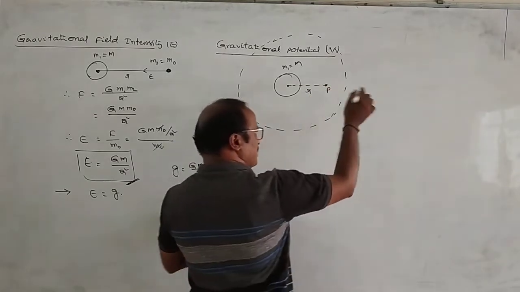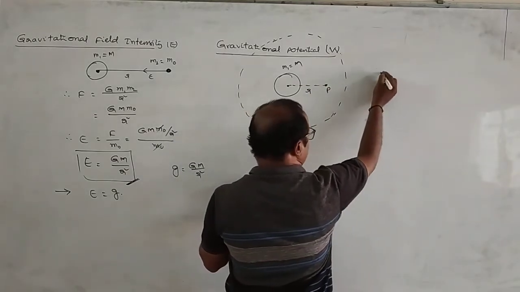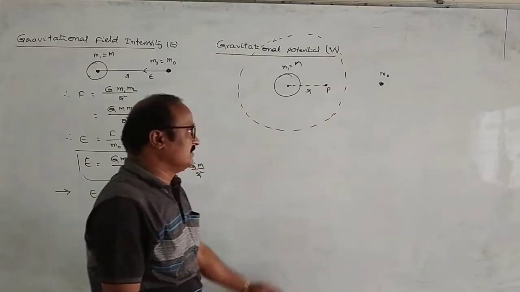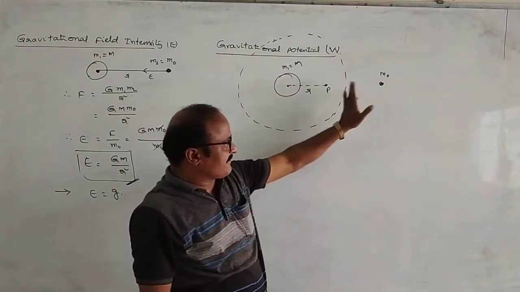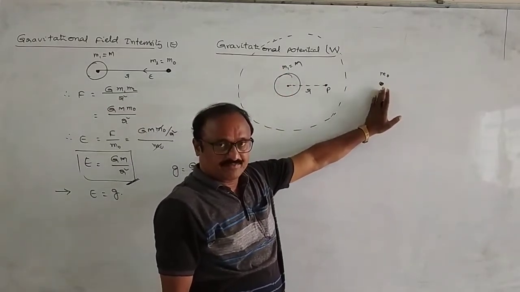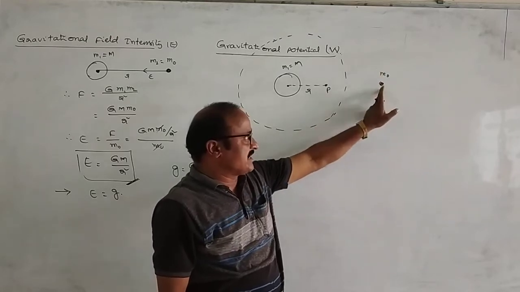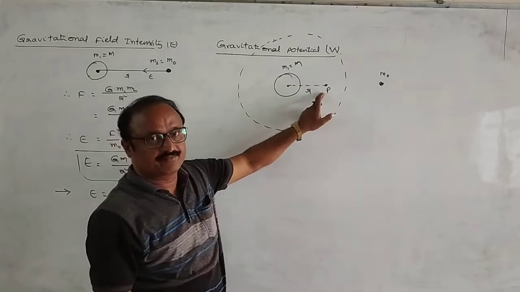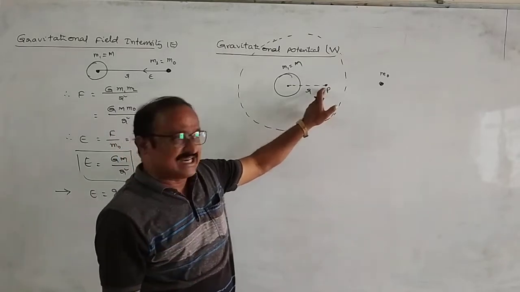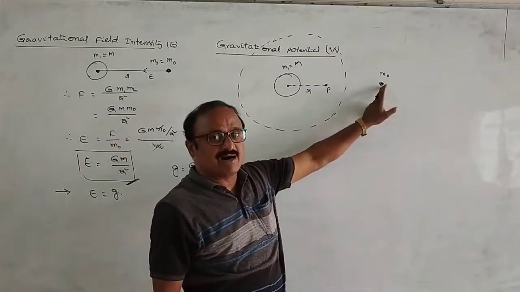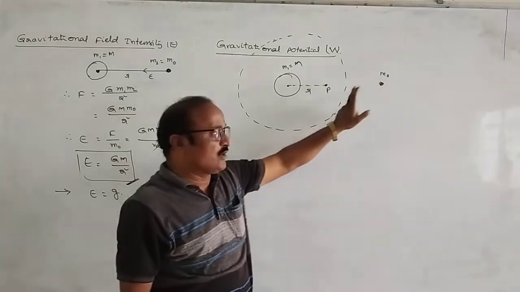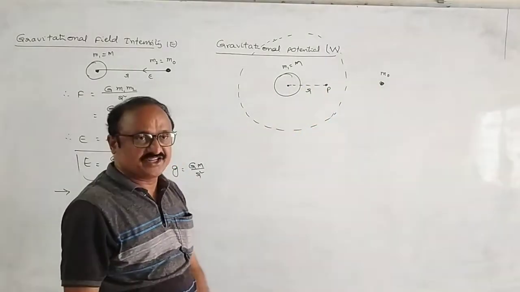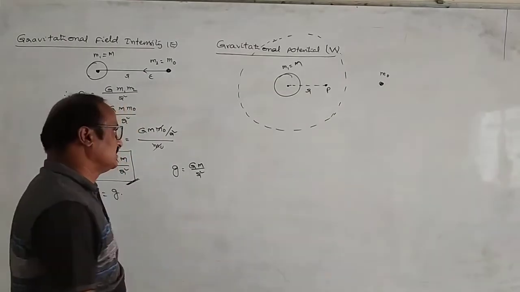Now, let us also consider a point mass M0. Initially it is kept away from the gravitational field. Suppose this M0 is taken from infinity to point P, we should do some work on the body. The work done to move the body of mass 1 unit from infinity to this point will be stored in the form of gravitational potential at that point.